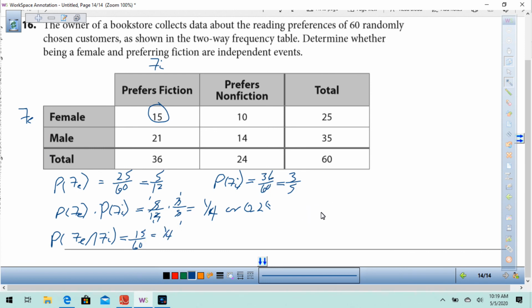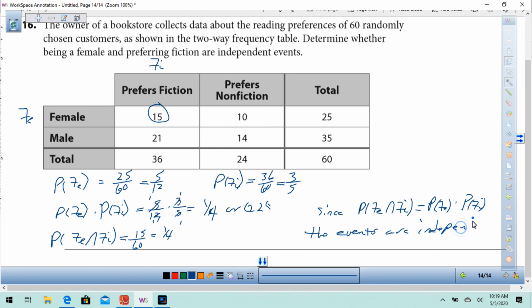So now my statement is, since the probability of female intersection fiction equals the probability of female times the probability of fiction, the events are independent.